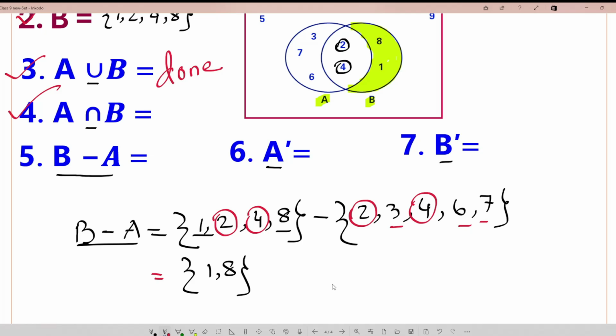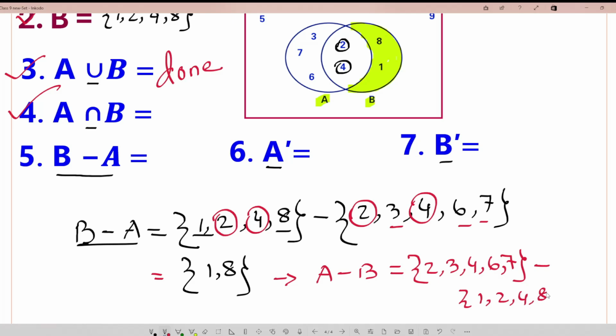But if our question is A difference B, then we can write it like this: 2, 3, 4, 6, 7 difference 1, 2, 4, 8.